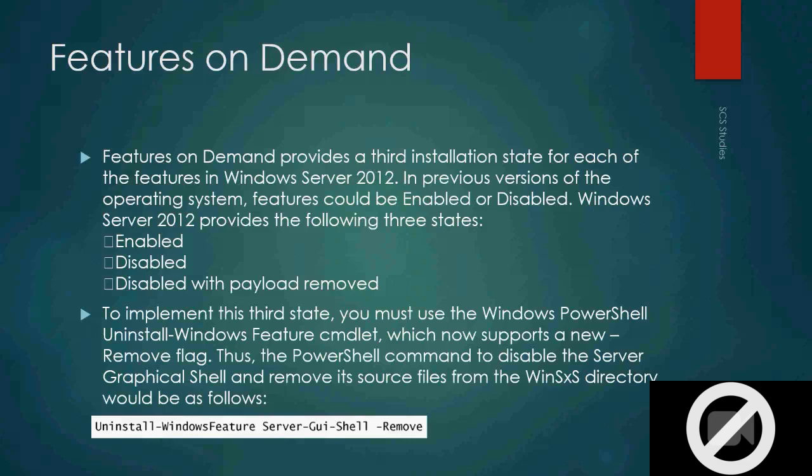In previous versions, if you remove a role from the server, it is removed from the server console and Server Manager, but the files required for this role are kept intact on your hard disk. But in 2012, there is the option of disable with payload removed, using which you can remove the entire thing from the hard disk. You can remove a feature not only from the feature control, you can remove it from the hard disk as well.